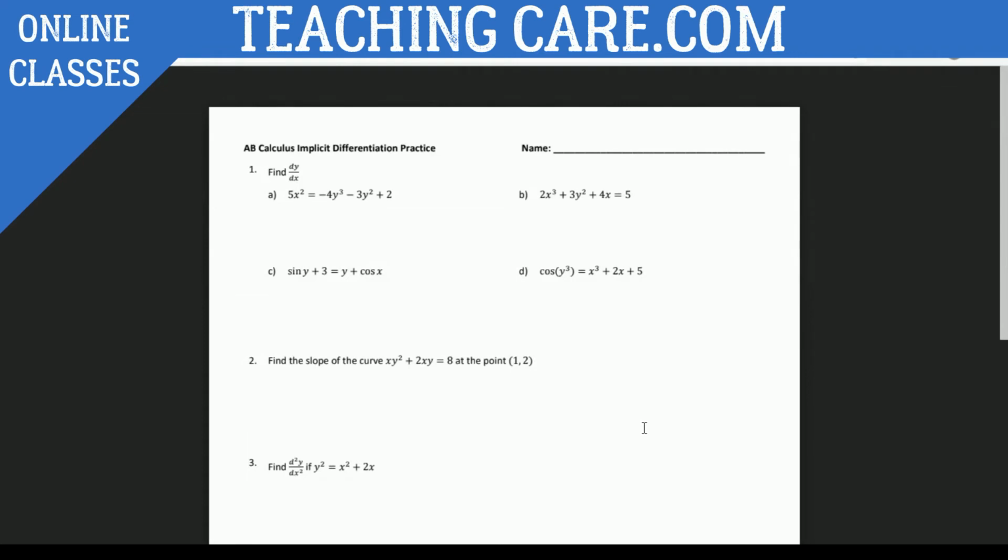So for A, it's going to be 5x over negative 6y squared minus 3y equals dy dx. Yes. Okay. For B.